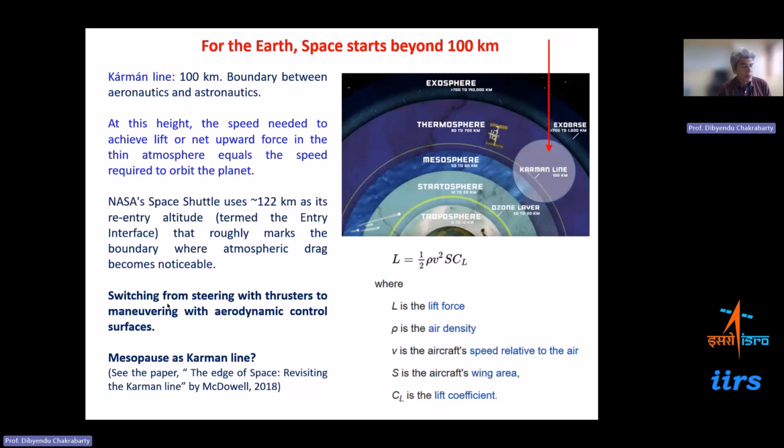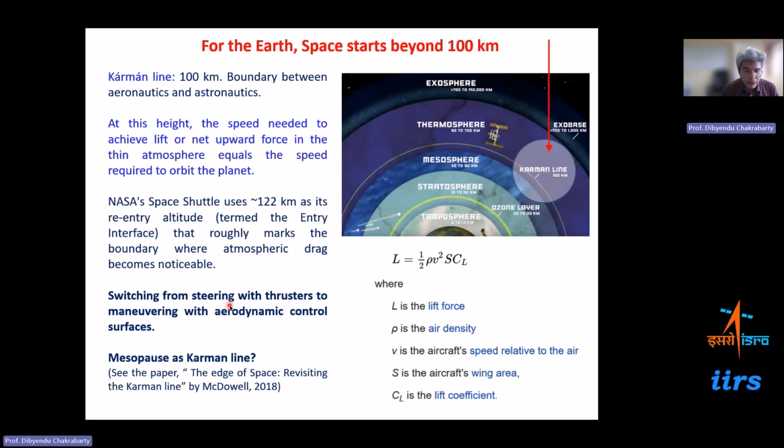The speed at which the vehicle has to move has to be very, very fast, and that is the line we call the Kármán line.